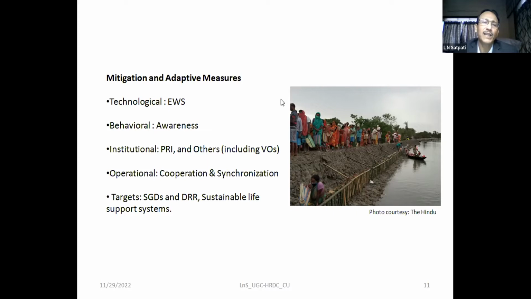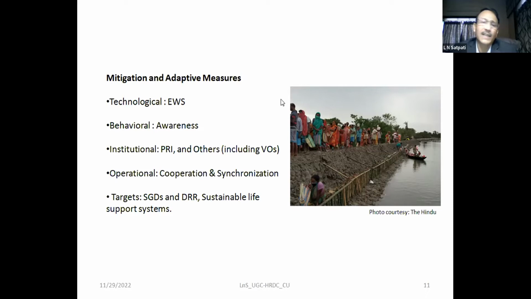Then institutional systems are there already. It is very robust. The Panchayat Raj institutions and other voluntary organizations are working here, and also certain government organizations, the Sundarban Development Board, then Department of Sundarban Affairs, then Sagar Bakhali Development Authority. Many authorities are there, but often we have found that there is a lack of cooperation and synchronization.